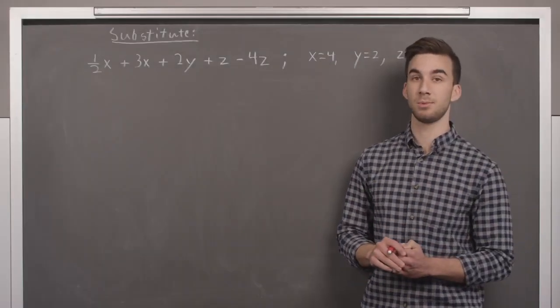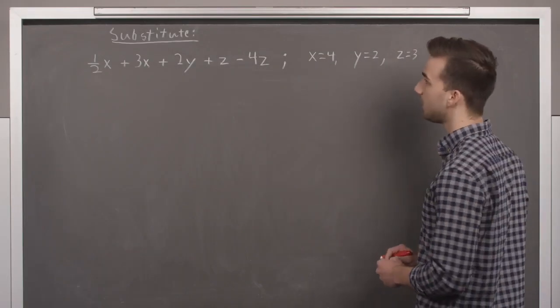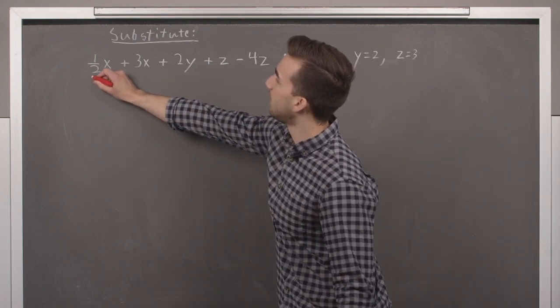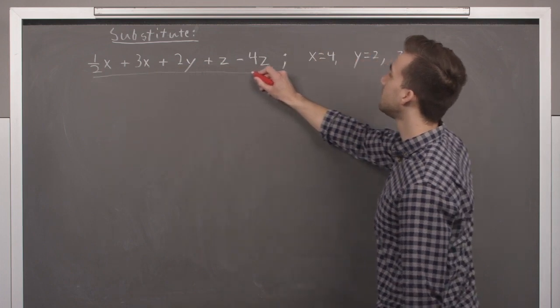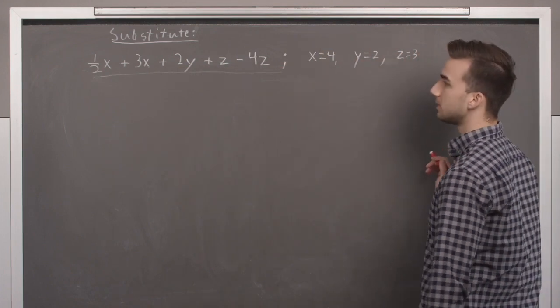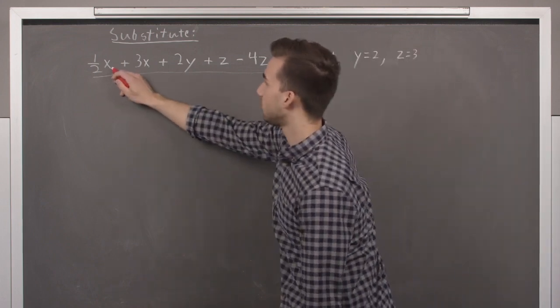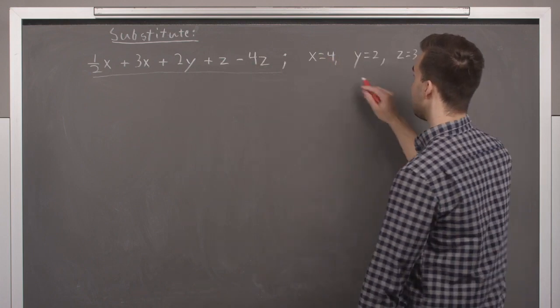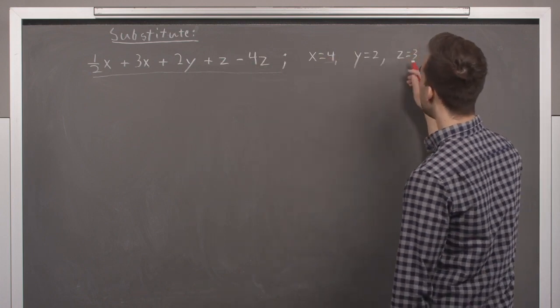So in this example, we are asked to substitute again, and they've given us an expression which is 1/2 times x plus 3x plus 2y plus z minus 4z. So once again, these are just all multiplied by the variables, and they've also given us the value for the 3 variables.